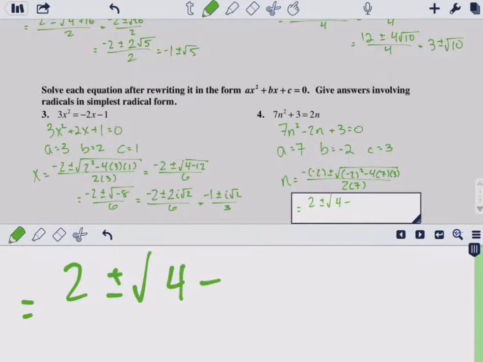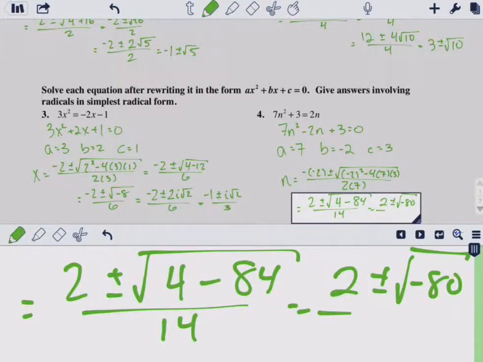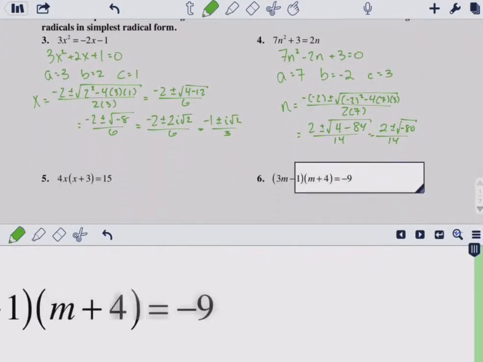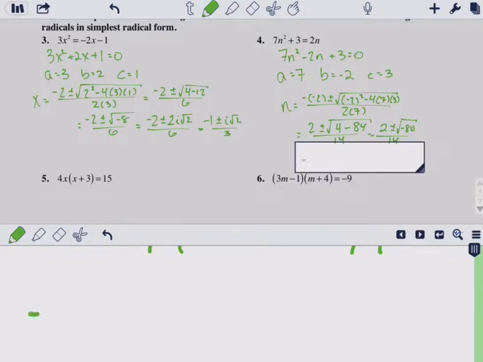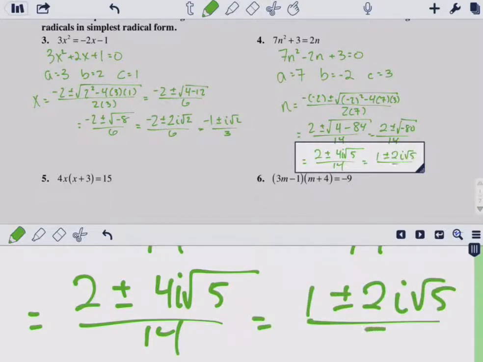And we've got negative 4 times 7 times 3 makes it negative 84, over 14. So that's 2 plus or minus the square root of negative 80 over 14. 80 is reducible. 80 is 16 times 5. We get a negative, so there's an i there, so it's 4i root 5 over 14. Everything reduces by a 2. And so I get 1 plus or minus 2i root 5 over 7.